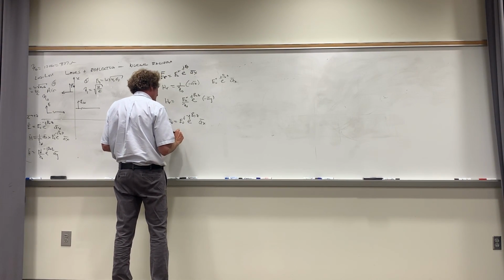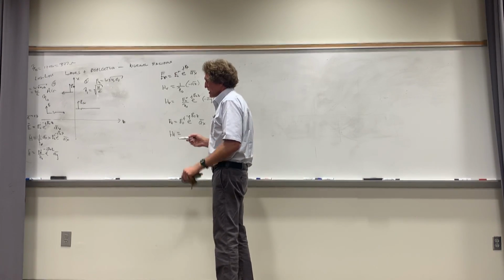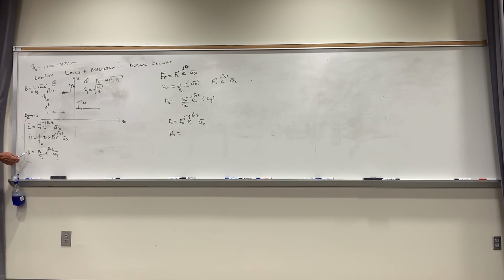What would the transmitted H field be? Do you see the incident H field is just E incident over eta naught in magnitude? Well, the transmitted H field is going to be E transmitted divided by eta 1. It'll still have e to the minus j, not beta 0, but beta 1 times z.